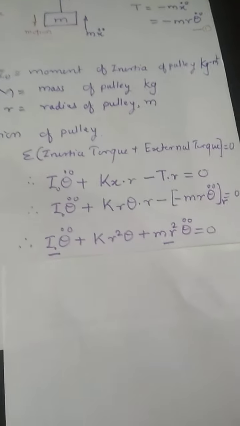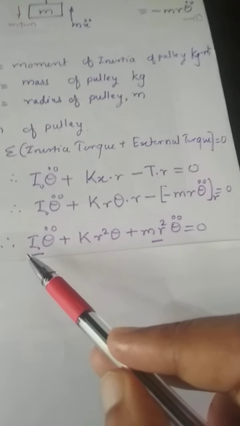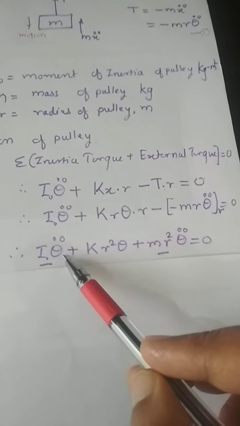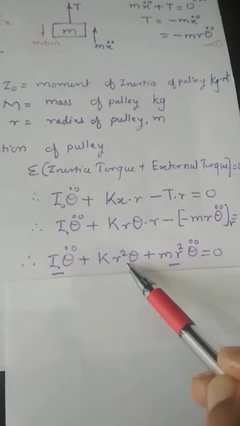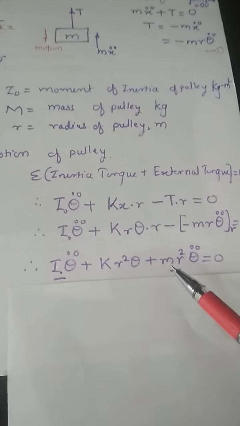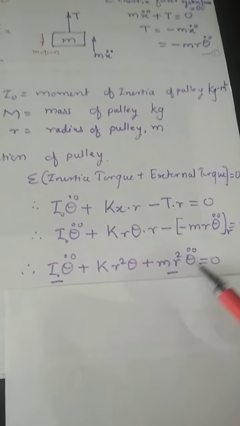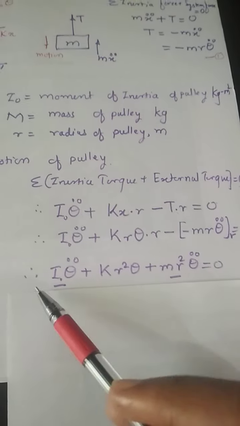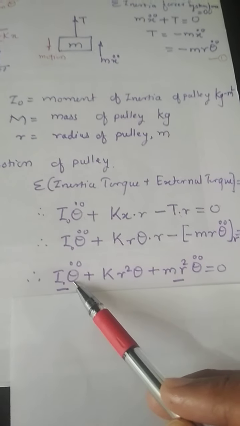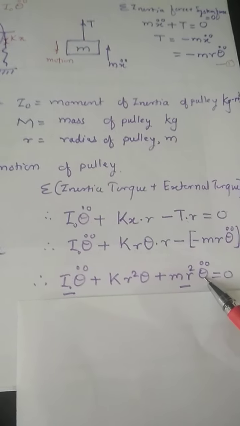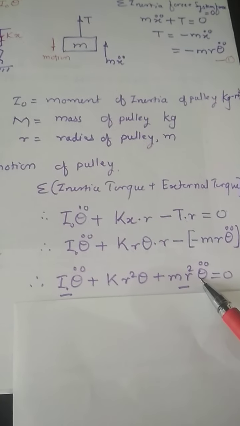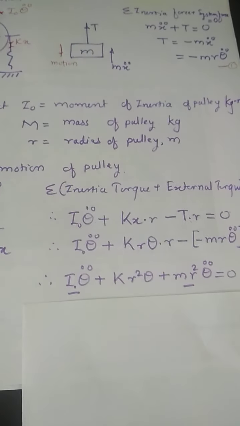So here we will have I theta double dot plus k r square theta plus m r square theta double dot is equal to 0. As here we are having theta double dot and theta double dot, we can take this as common and we can rearrange the terms.